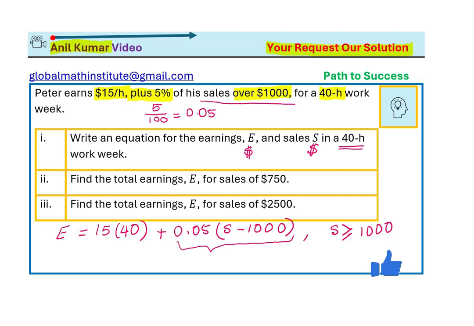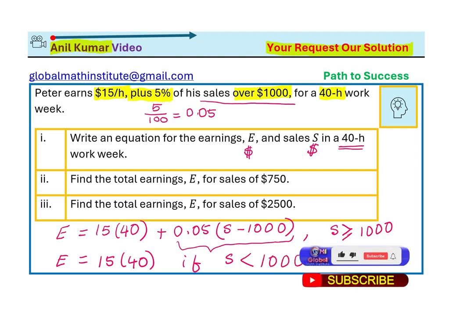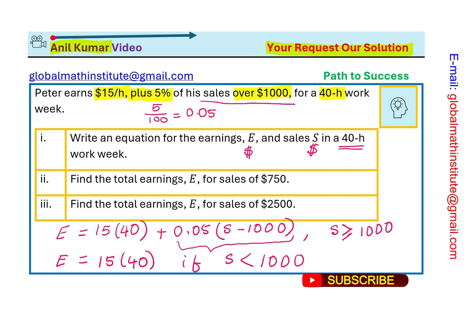That's important to understand. Otherwise, the earning is basically equal to 15 into 40 if sales is less than $1,000. So it is a piecewise function.